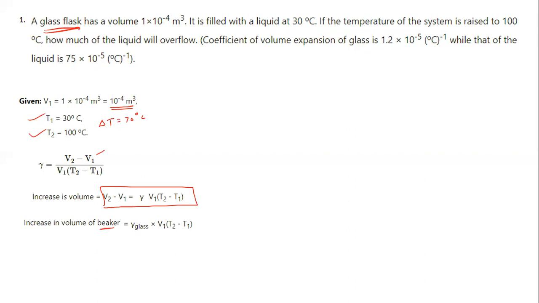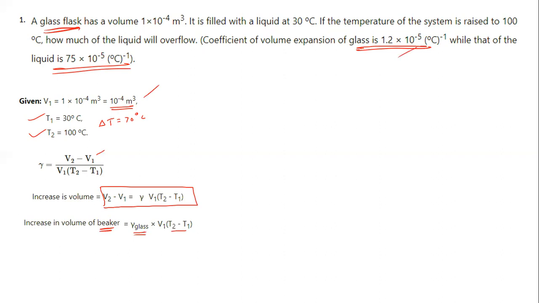For the beaker, the increase in volume is equal to this, using gamma for the beaker only. Two gammas are given, one for glass and one for the liquid. T2 minus T1 is a difference of 70 degrees, V1 is 10 raised to minus 4, and gamma for glass is 1.2 into 10 raised to minus 5.